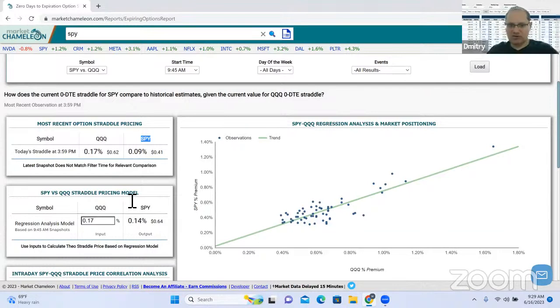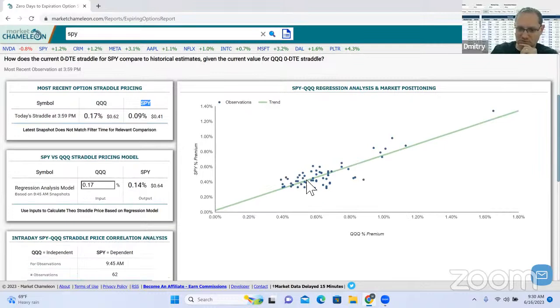If QQQ is 1%, what do we expect the SPY straddle to be, and where is it right now? Unfortunately, we're not open yet, so we don't have the app. Until we open, we can't see the actual prices. But what this does is run through a regression, and it will give you some stats here. On the red dot, it'll show you where it is versus the line.